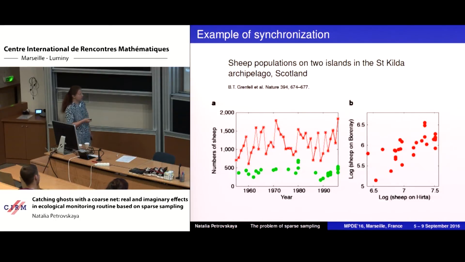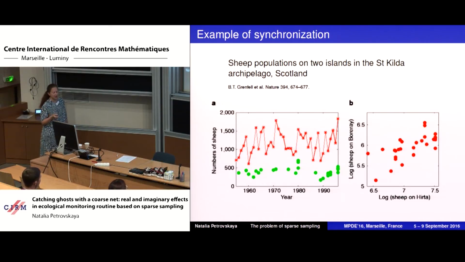And this is one example taken from the paper by Grenfell with coauthors. What they did, they monitored the total population size year by year, and it was done on 2 islands close to the Scottish coast.